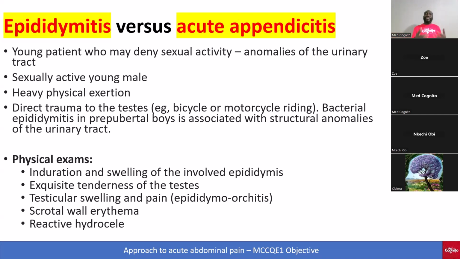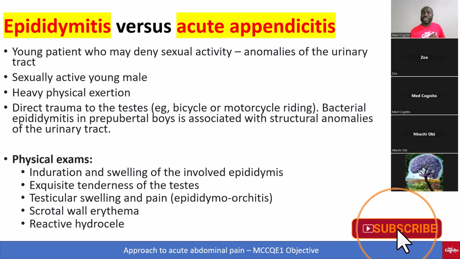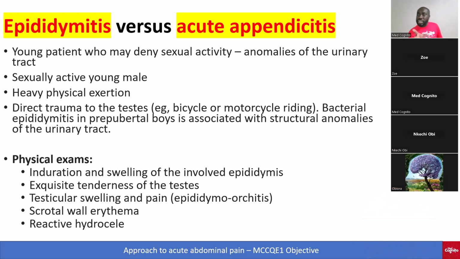Now, what are the physical exam features of epididymitis? There's induration and swelling involving the epididymis, exquisite tenderness of the testis, testicular swelling, scrotal wall erythema, and reactive hydrocele. Epididymitis. Sexually active, non-sexually active.